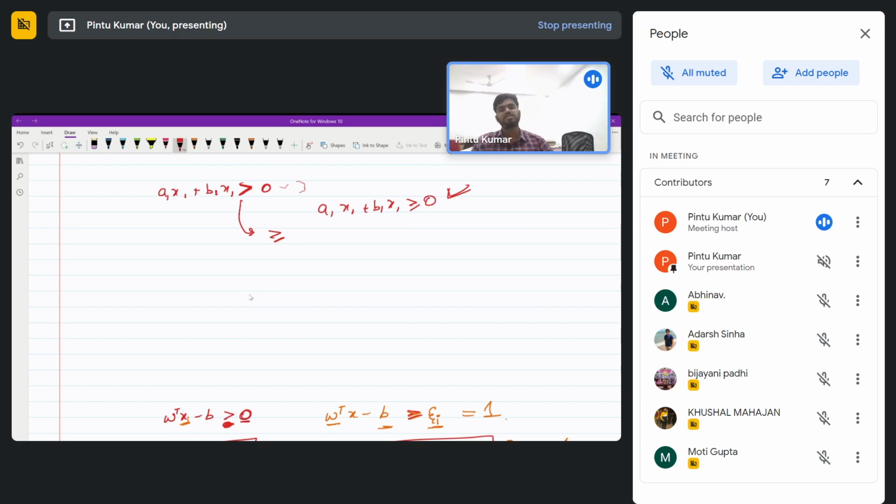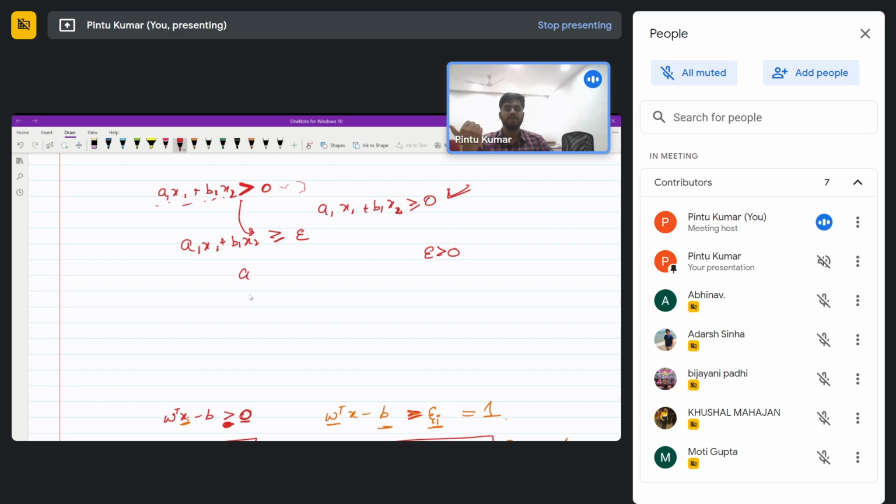But because this is strictly greater than 0, and your data points are finite, you can look at all the values that you obtain from A1 x1 plus B1 x2 and come up with some value epsilon, strictly greater than 0, such that A1 x1 plus B1 x2 is greater than or equal to this epsilon.